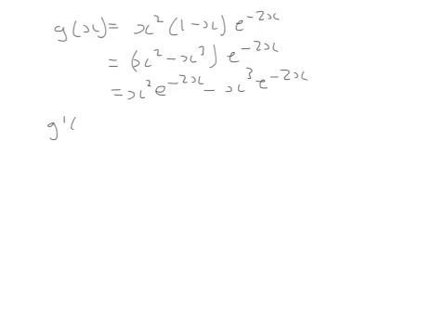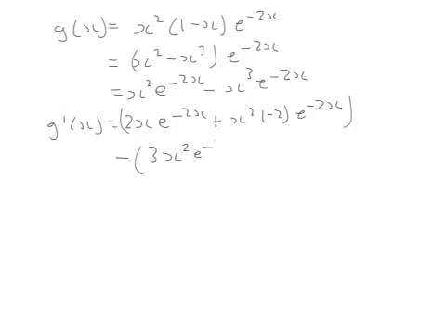So therefore g dashed x is, well, we've got two lots of product rules, so x squared goes to 2x, and then we've got x squared times minus 2 times e to the minus 2x. Then we've got a minus sign, and then we've got another product, so that's 3x squared e to the minus 2x plus x cubed times minus 2 times e to the minus 2x.